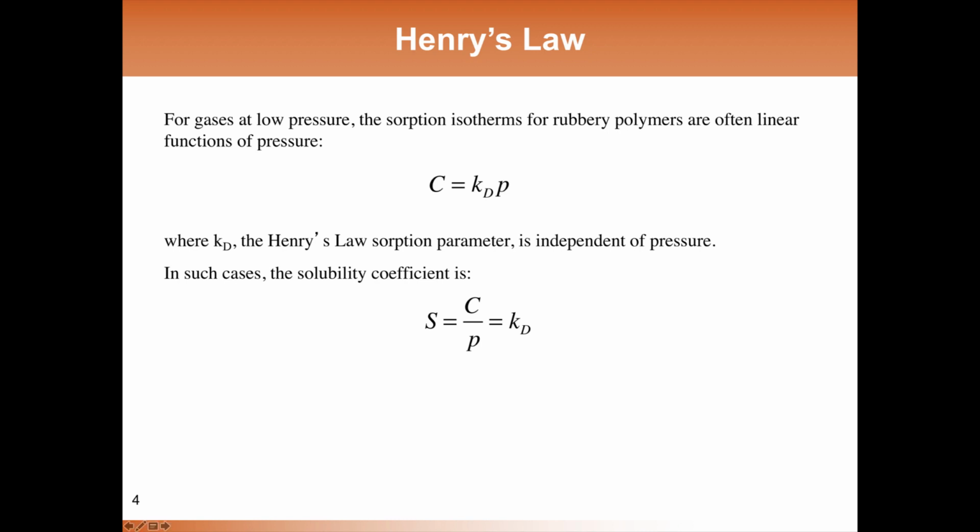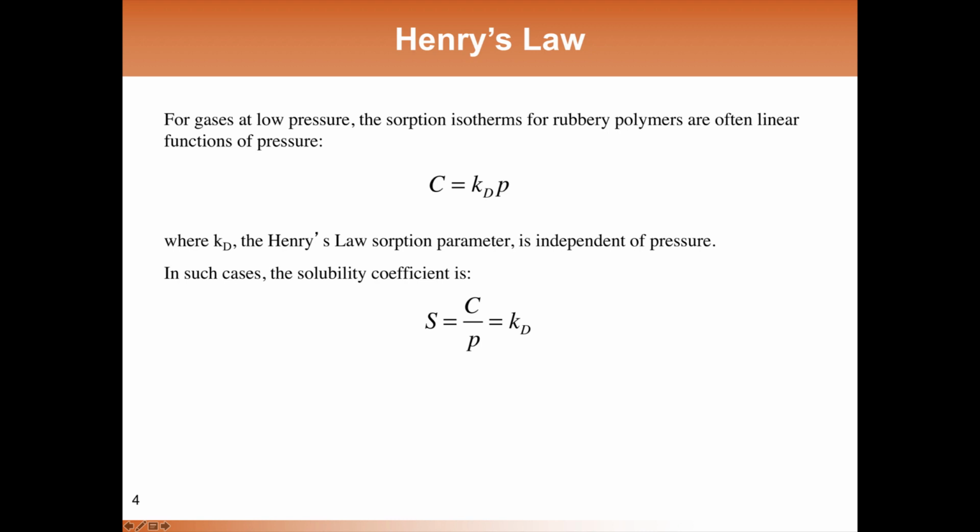So this just reflects a linear relationship between the gas pressure and the concentration of gas dissolved in the polymer. If you double the pressure, you double the amount of gas dissolved in the polymer. We can write this in terms of the solubility coefficient. If we remember, the definition of solubility is gas concentration divided by pressure.